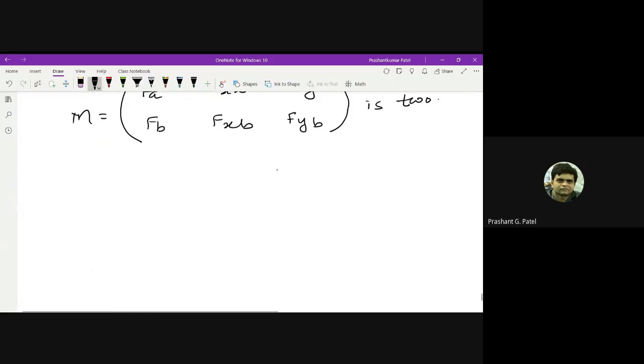The second one that we have is the general solution, or I can say general integral.